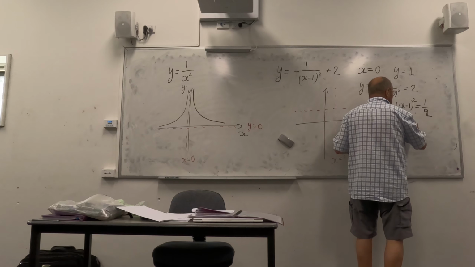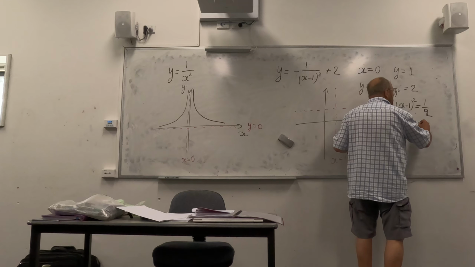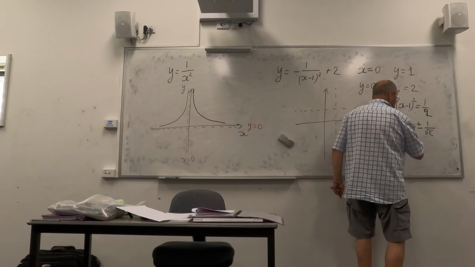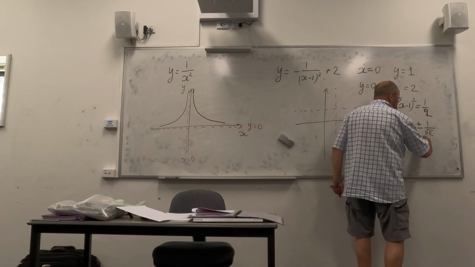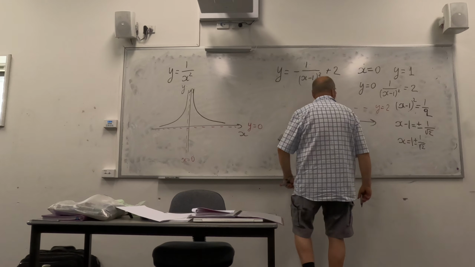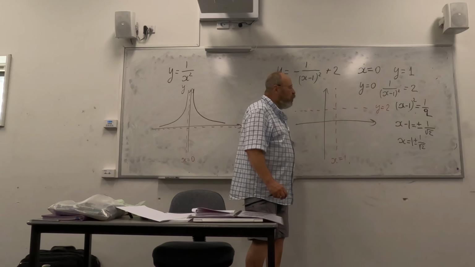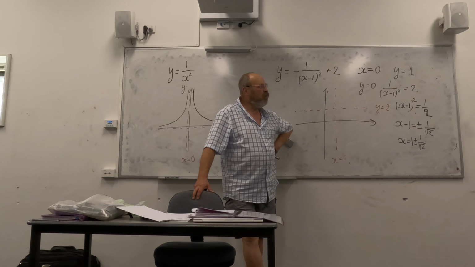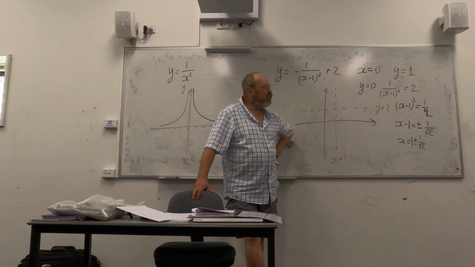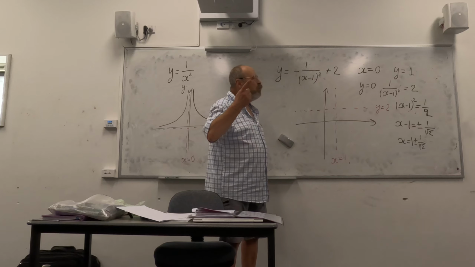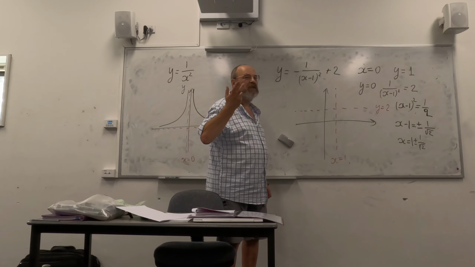So x minus 1 equals plus or minus 1 over root 2, and x equals 1 plus or minus 1 on root 2. 1 on root 2 is about 0.7.